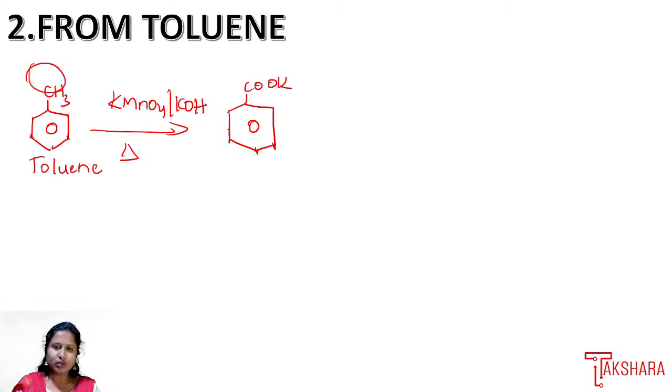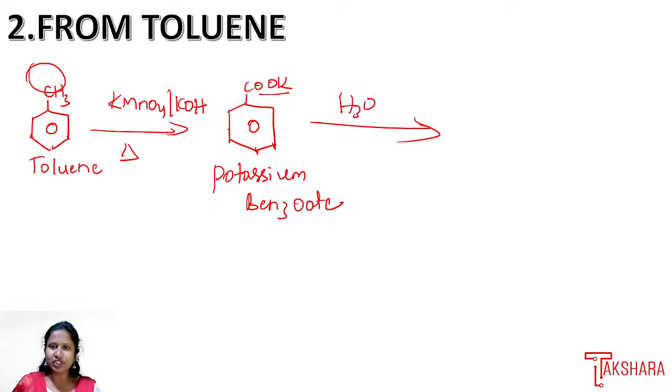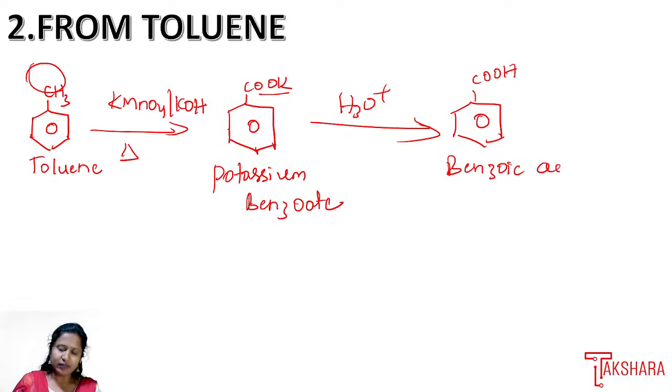CH3 is converted into COOK, which is called potassium benzoate. Again it reacts with H3O plus, K is replaced with H, and we get benzoic acid.